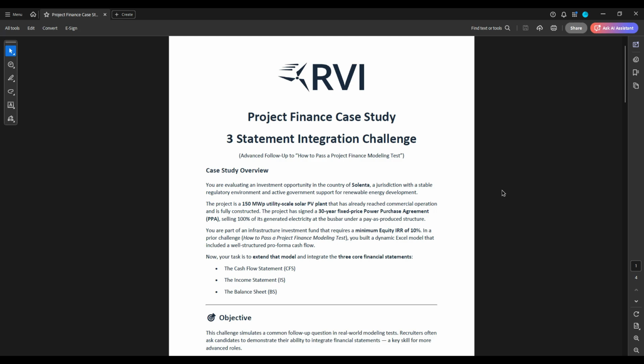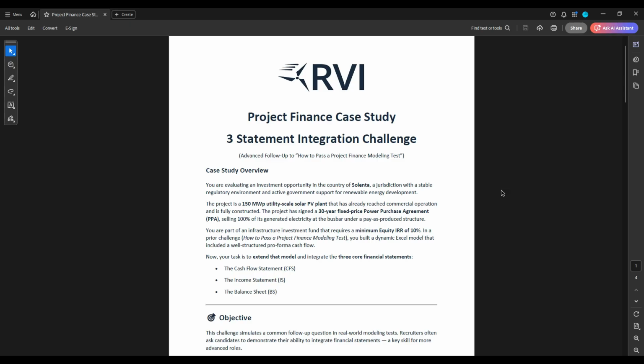I will highlight exactly what has changed in this version in comparison to the original case study from the previous course. Case study overview. You're evaluating an investment opportunity in the country of Solenta, a jurisdiction with a stable regulatory environment and active government support for renewable energy development. The project is a 150 megawatt peak utility scale solar PV plant that has already reached commercial operation and is fully constructed.